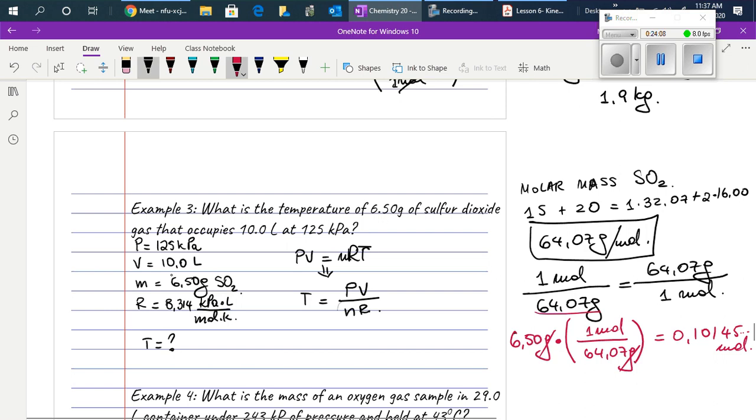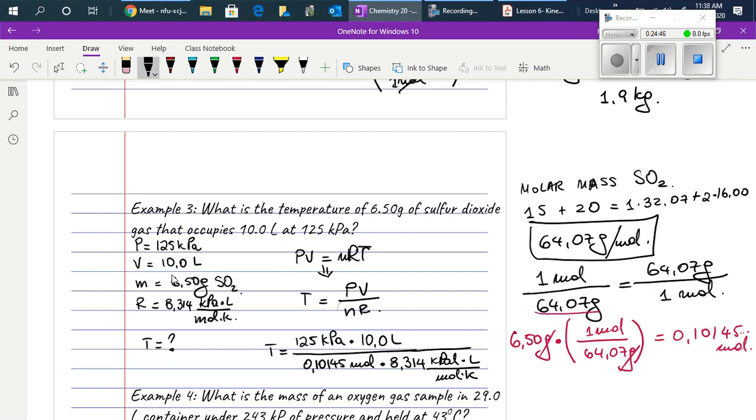So now the temperature will be 125 kilopascal times volume, that is 10 liters, over 0.10145 and so on moles, times R, that is a constant, 8.314 kPa times liter over mole K.